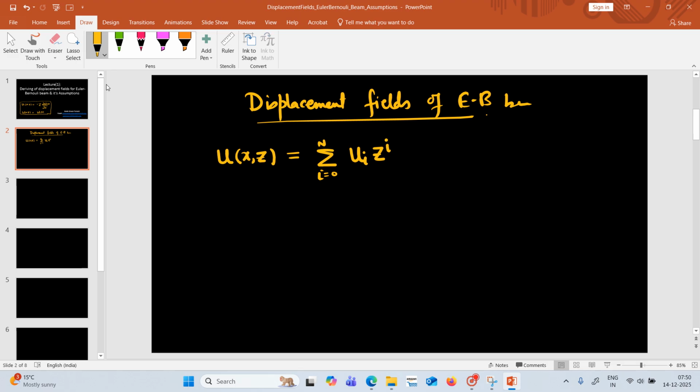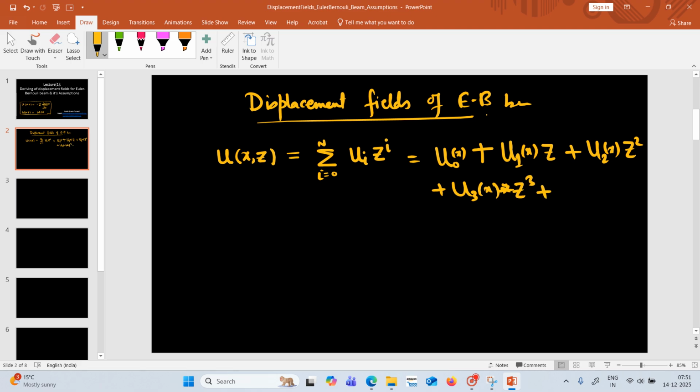This means we can write it like u naught, a function of x, into z to the power 0, that would be 1, so u naught of x plus u1 of x into z, plus u2 of x into z square, plus u3 of x into z cube, plus so on up to un of x into z to the power n.